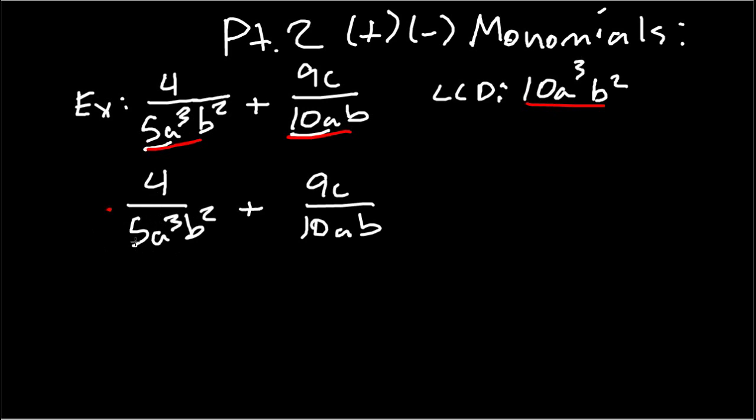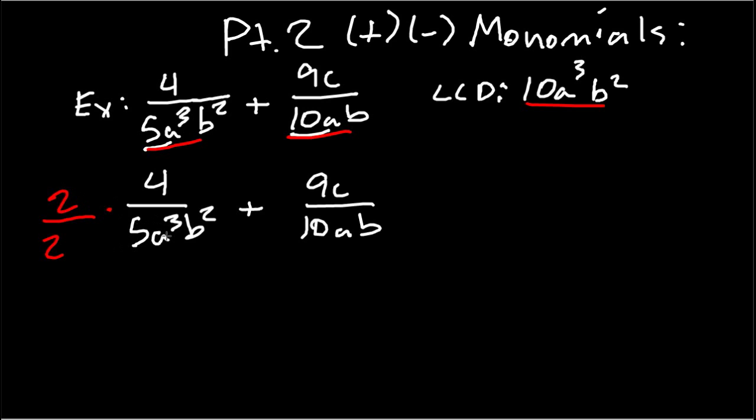Well, the 5's got to change. We've got to go from 5 to 10. Well, that's pretty easy. We just multiply by 2. Now a cubed to a cubed, nothing needs to change there. And b squared to b squared, nothing needs to change there either. So we multiply the bottom by 2. Guess what? We have to multiply the top by 2.